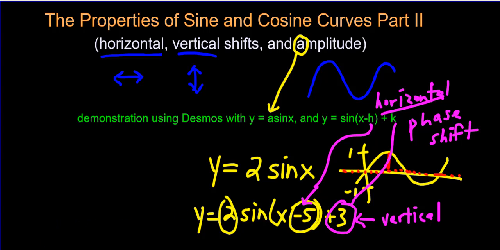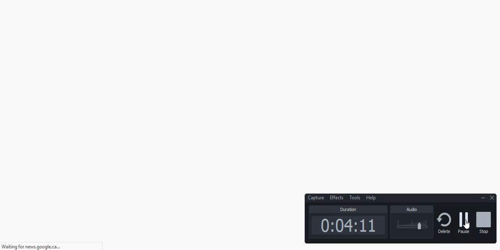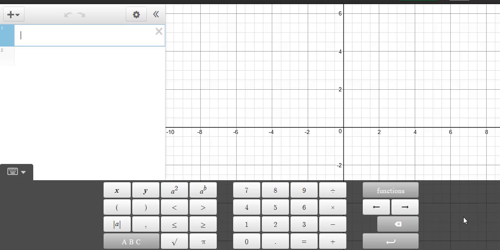Let's check it out using Desmos, okay? So I'm going to push pause here and get Desmos going, the graphing calculator. Okay, so here we have Desmos. Now to set things up, I'm going to start from scratch.